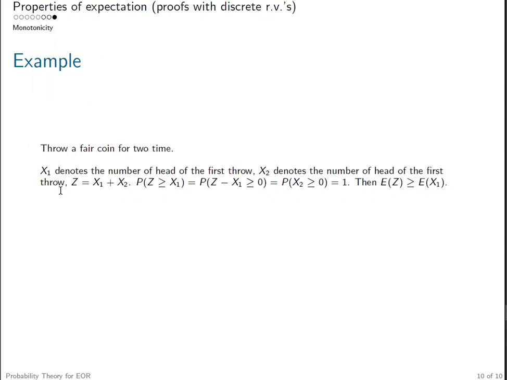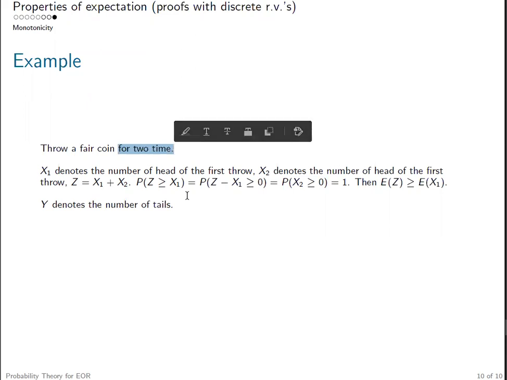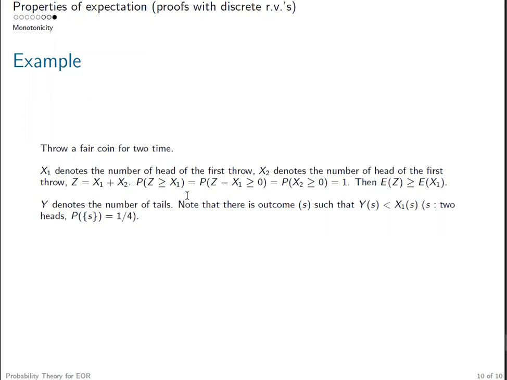Now let's consider a second case. Let y denote the number of tails for the 2 throws. Note that there is an outcome s such that ys will be strictly smaller than x1s, right?